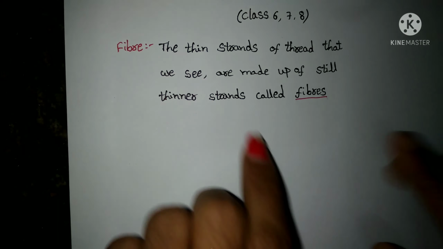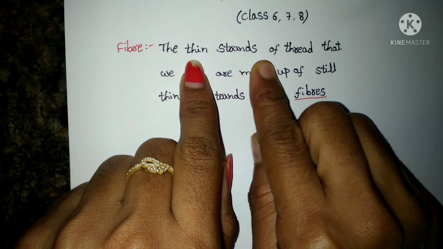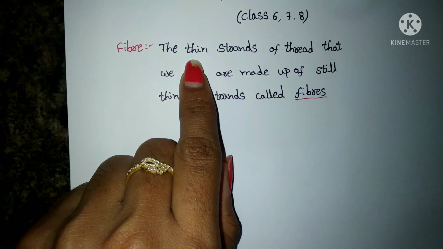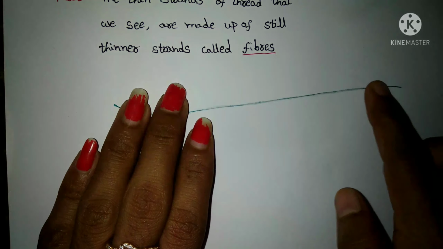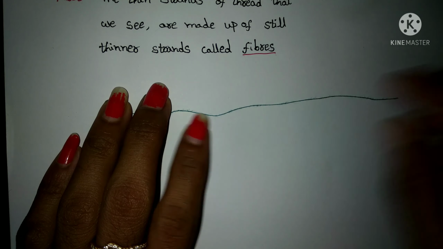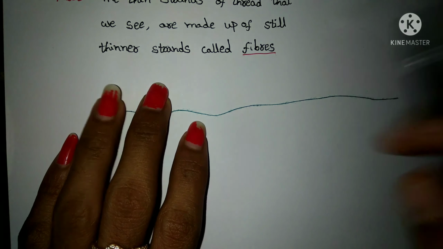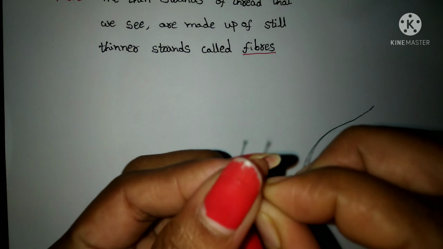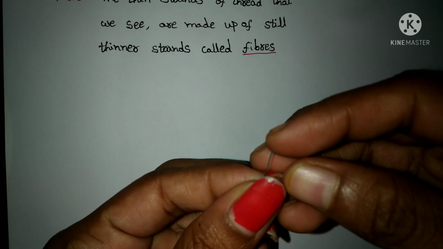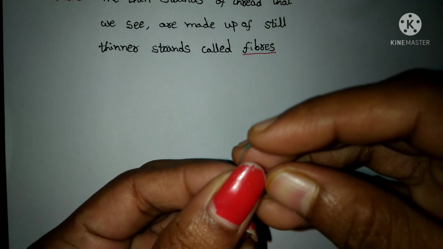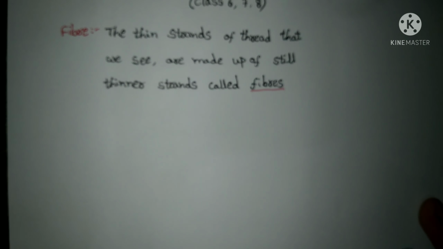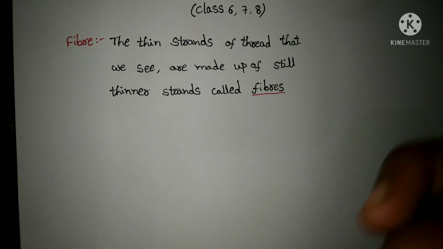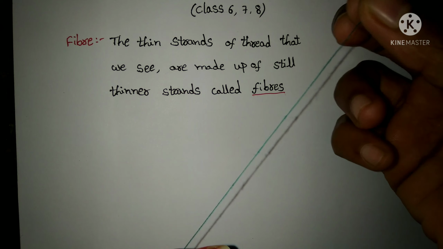Fiber is nothing but the thin strands of a thread. Here, this is the thin strand of a thread. Now in this thread, if you observe closely, you can see it is made up of still thinner strands. There is a lot of difference between thin strands and thinner strands. Thin strand is completely the thread you can consider.